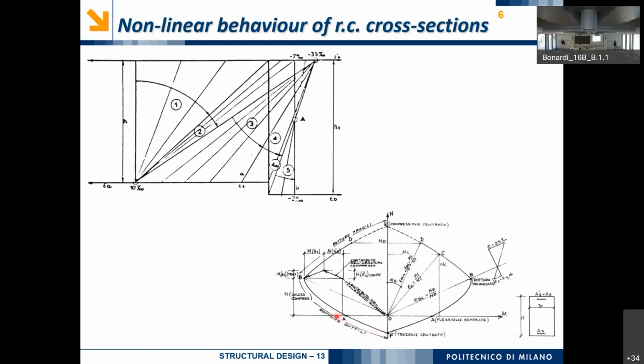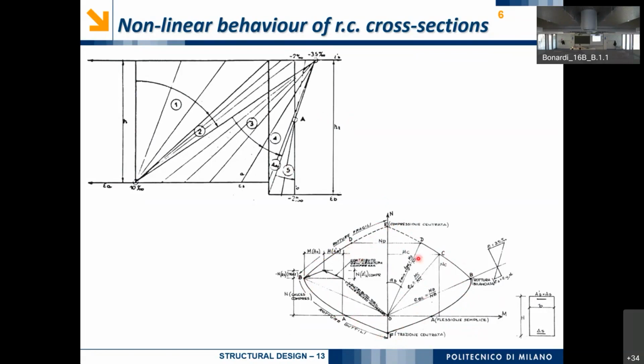All the intermediate scenarios will define this domain. It means that the cross-section is capable to produce some resisting axial force and some resisting bending moment for all these lines.